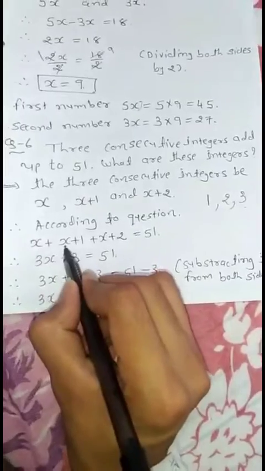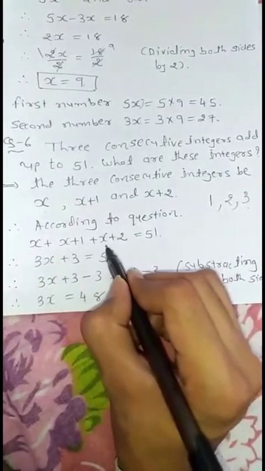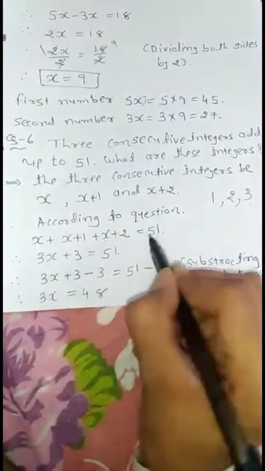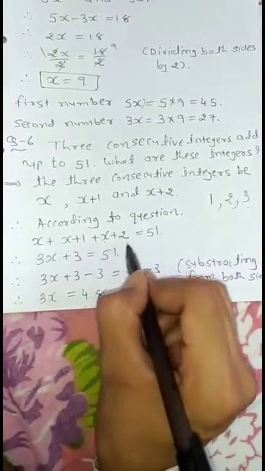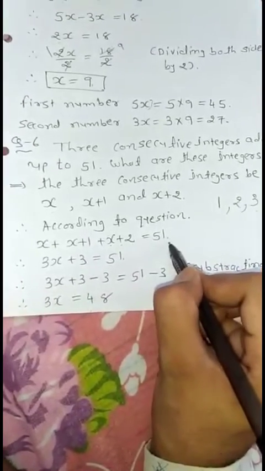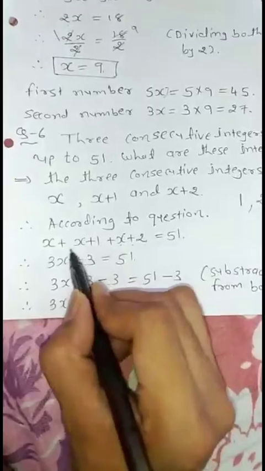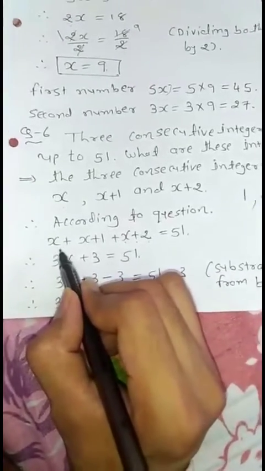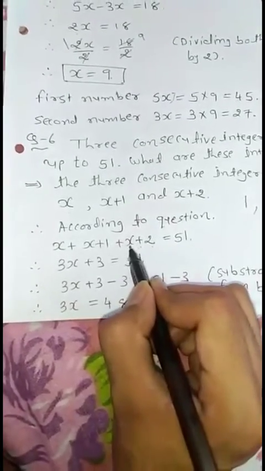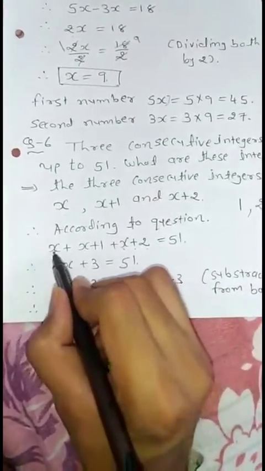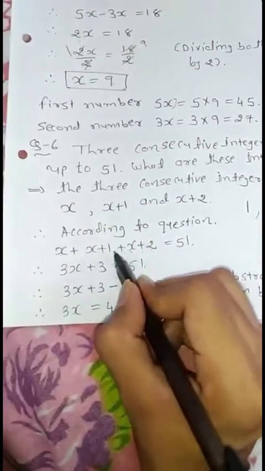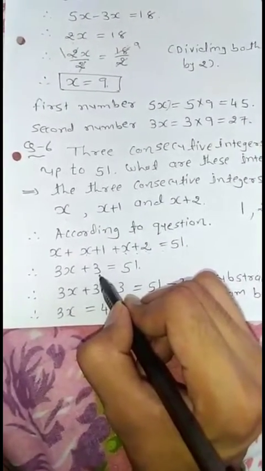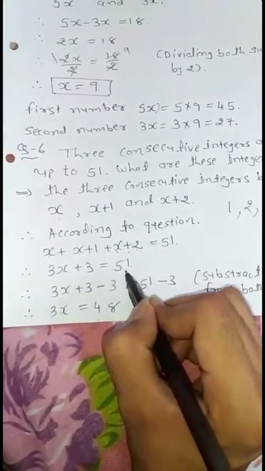So x plus x plus 1 plus x plus 2 gives 51, because the sum of these 3 integers is equal to 51. Let's first add the x terms: x plus x plus x gives 3x. Then 2 plus 1 is 3, so 3x plus 3 is equal to 51.